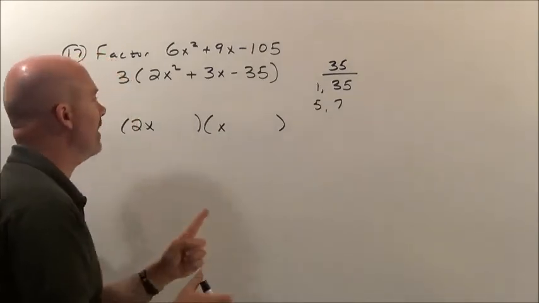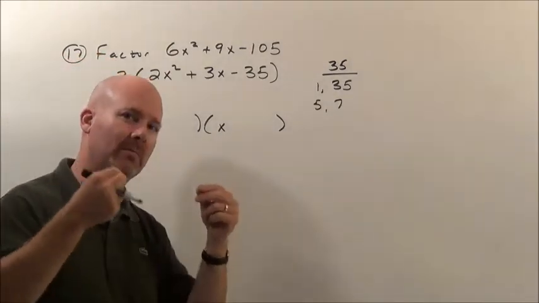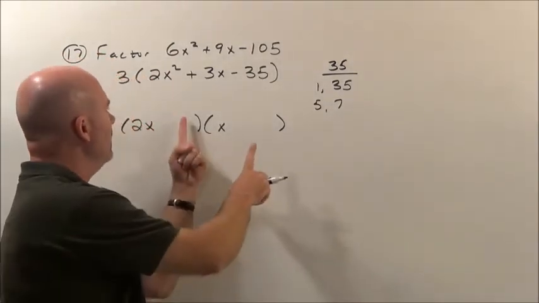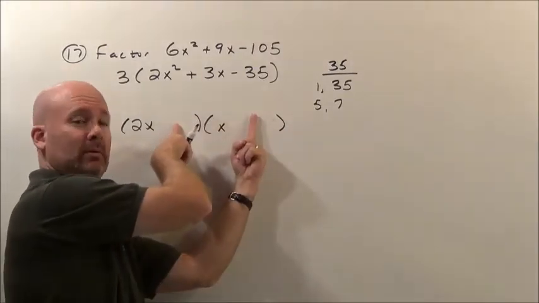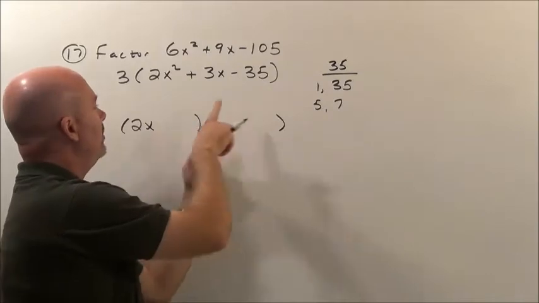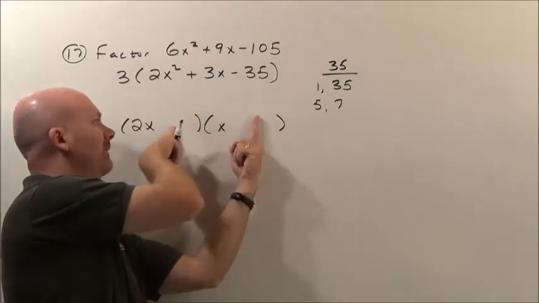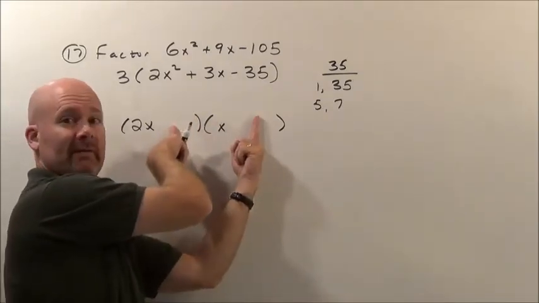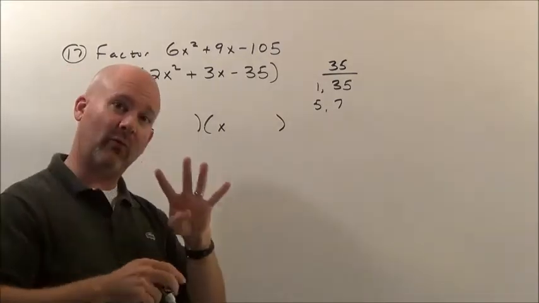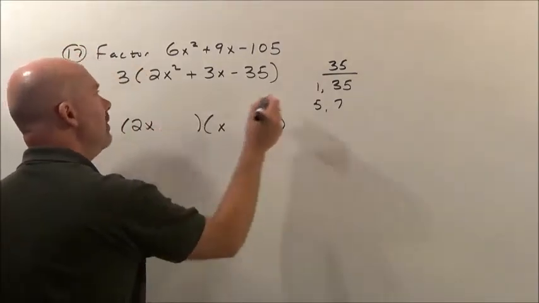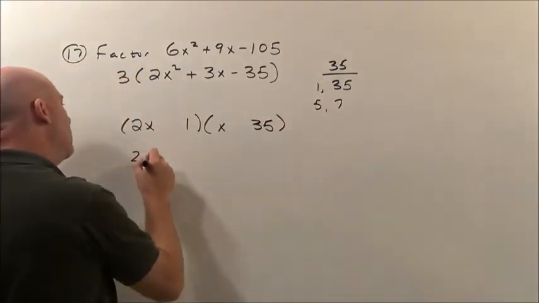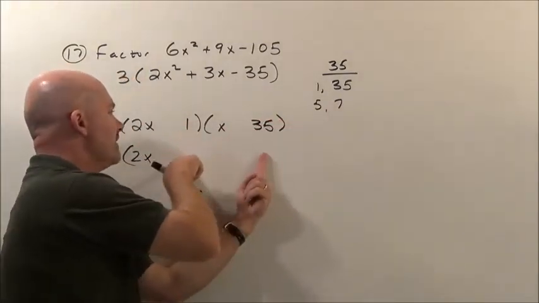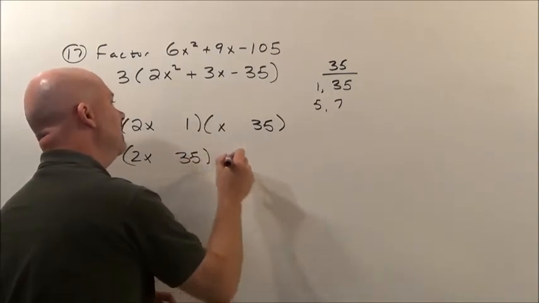Now, here's the way I always like to look at this because I think it's good for our minds to think. You could have a 1 here and a 35 here, or you could flip them, 35 and a 1. You could have 5 and 7, or they might be flipped, 7 here, 5 there. So I'm going to list out those 4 possibilities. Where it's 2x, where it's the 1 and 35, or where instead it's the 35 and the 1.